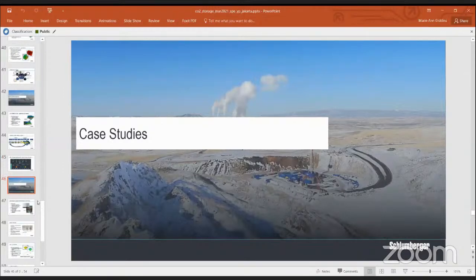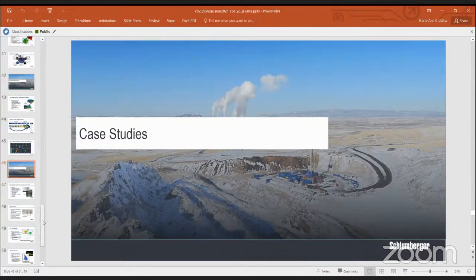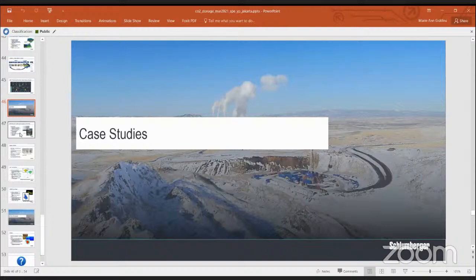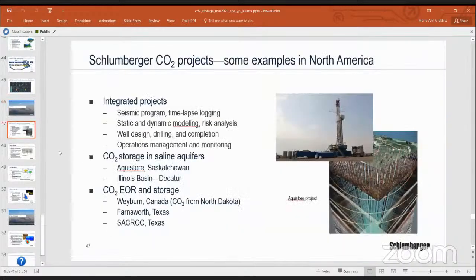Finally, trying not to go too far over time, but I'll mention a few case studies which go back into the history of CO2 storage. So we have several examples of CO2 projects where Schlumberger has worked in North America. And we've been involved in projects that include seismic acquisitions, time-lapse logging, static and dynamic modelling for risk analysis, well design, drilling and completion, operations management and monitoring.